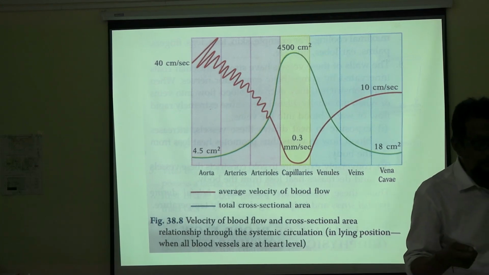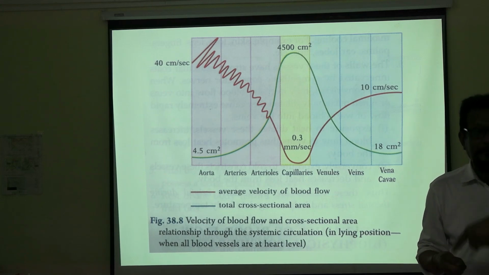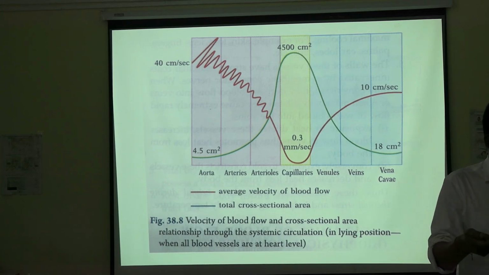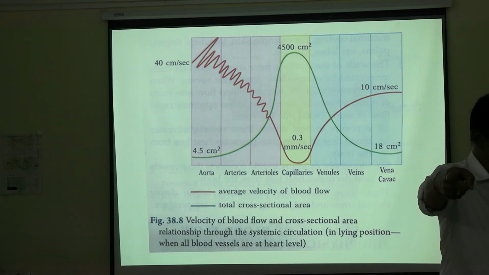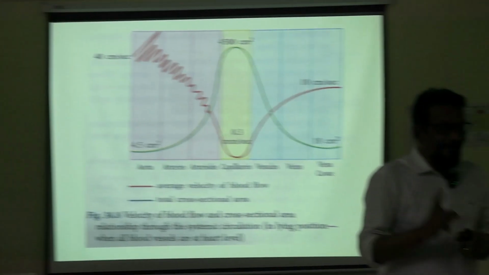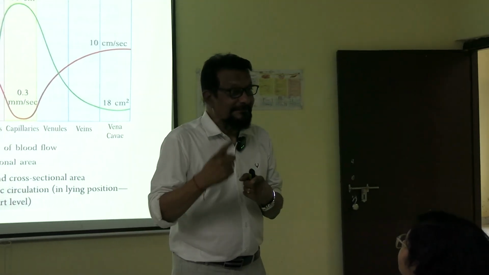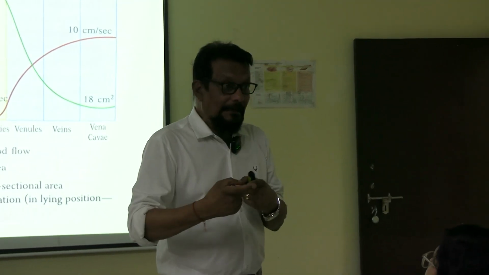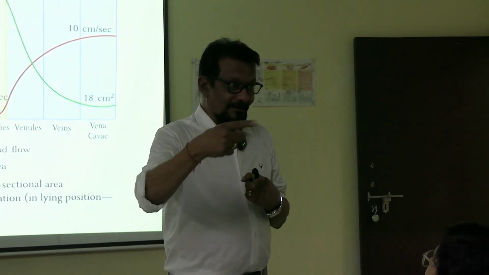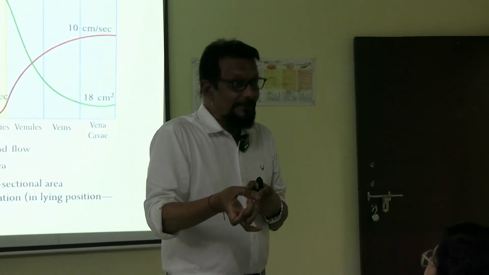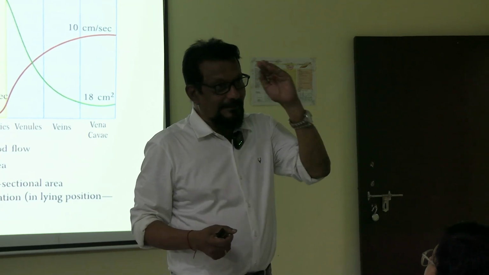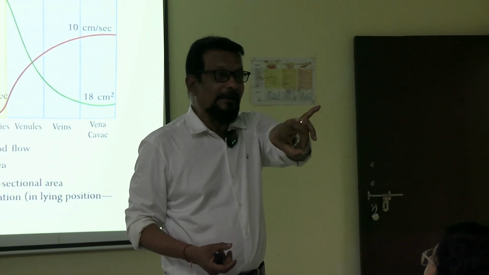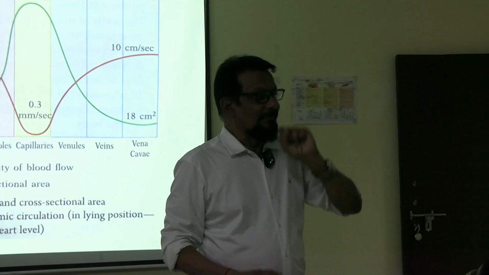So what do you do? So that the water reaches there, you narrow down the tip. Now velocity increases. So narrowing means you are increasing the velocity of the flow. If you want to increase the velocity, you have to narrow down the diameter.